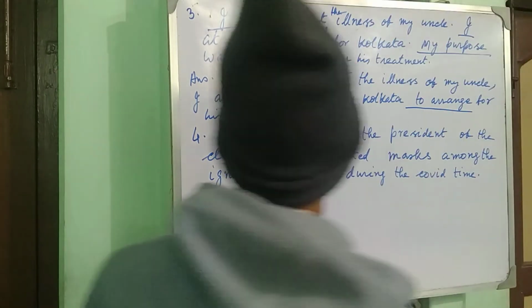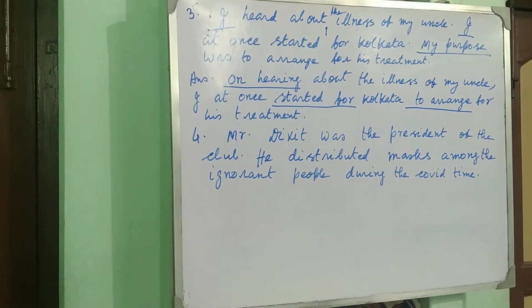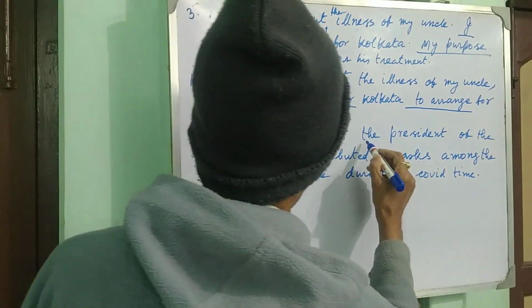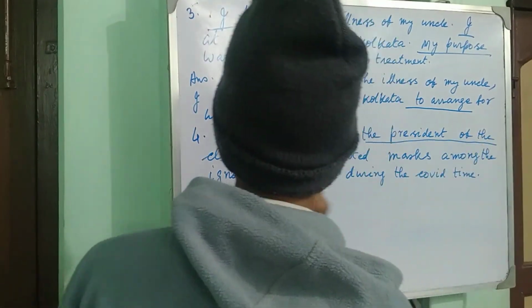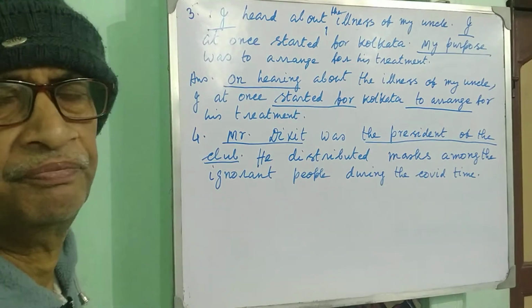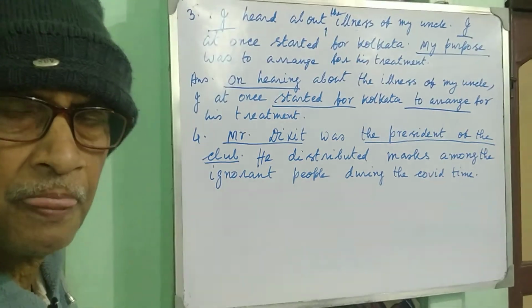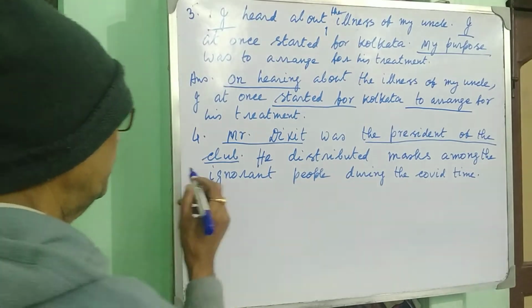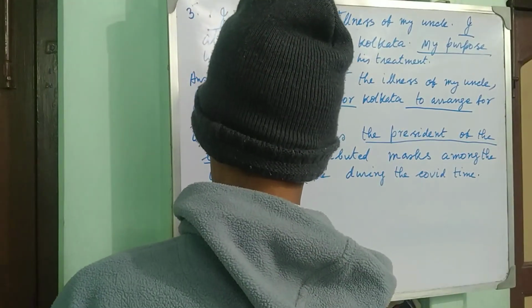Okay? There are two sentences. You see, Mr. Dixit and the president of the club are the same person. Clear? And from this point of view, you can use it like this.